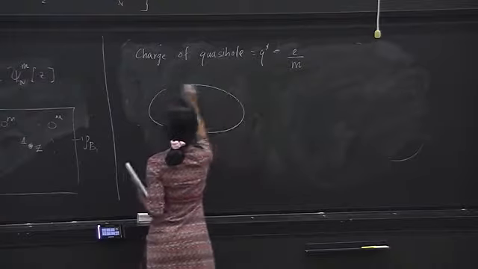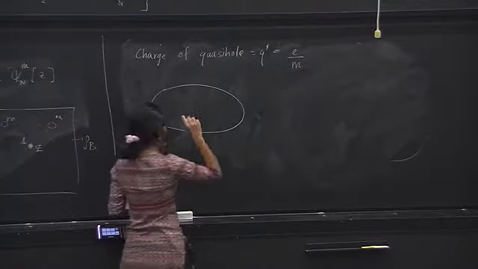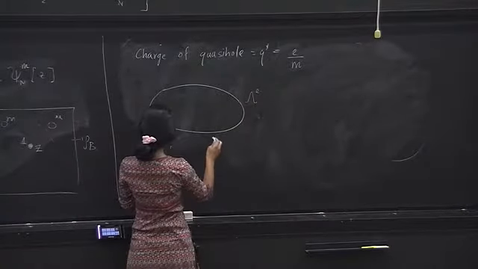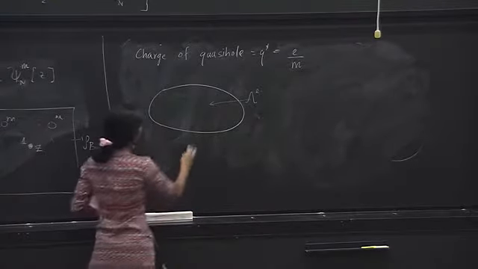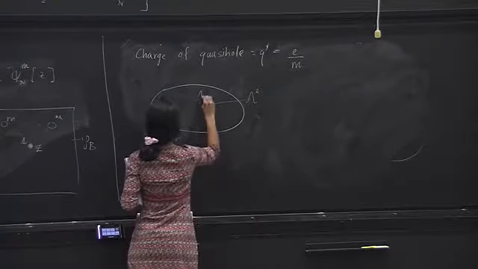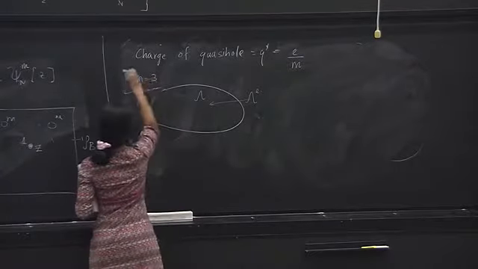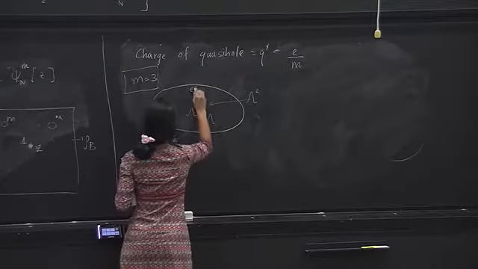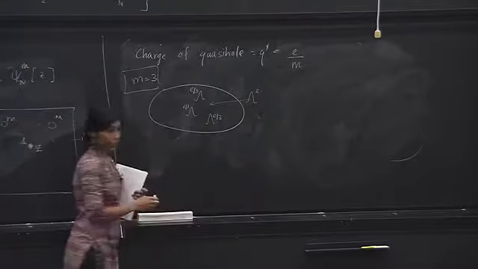So imagine I have this sample, and I try to put in an electron. I give it enough energy, and I have an electronic wave packet, charge E, and I try to put it into the sample. Let me pick the simplest example of m equal to 3. I'll find that it splits into 3 bumps, each with charge E over 3.